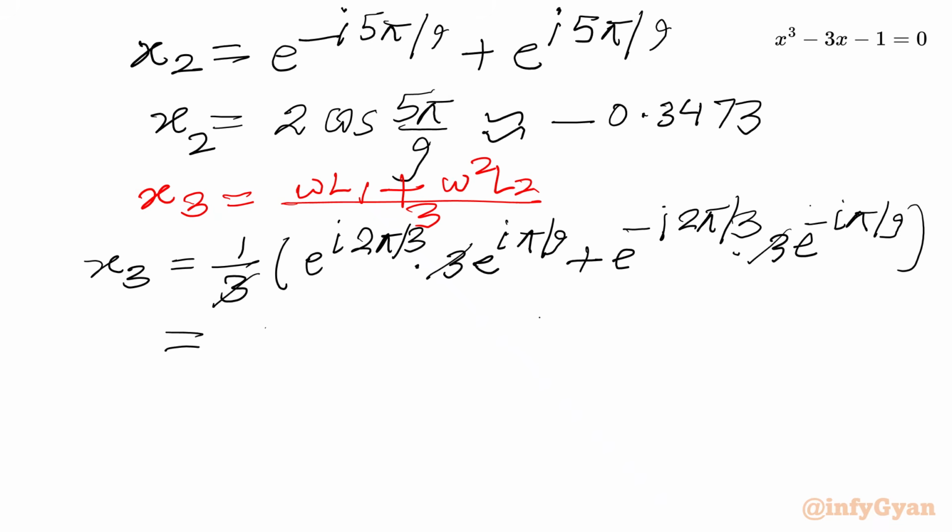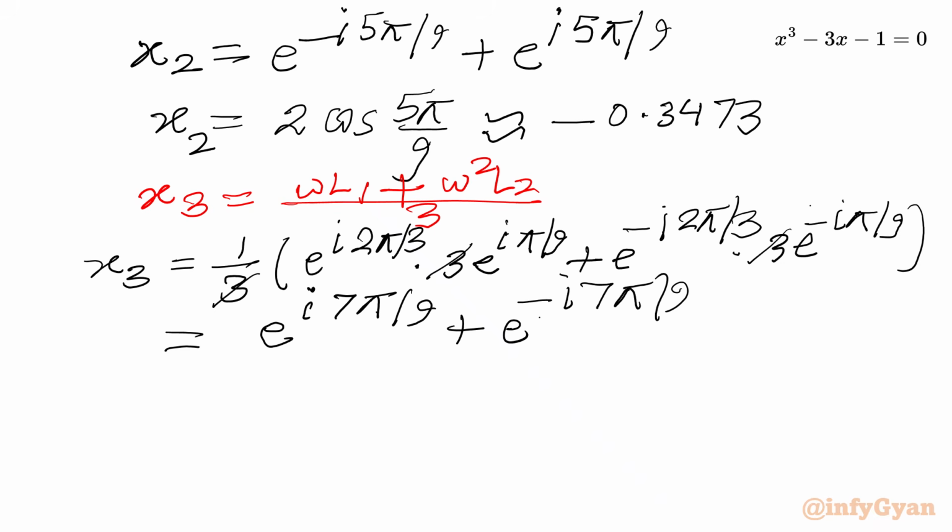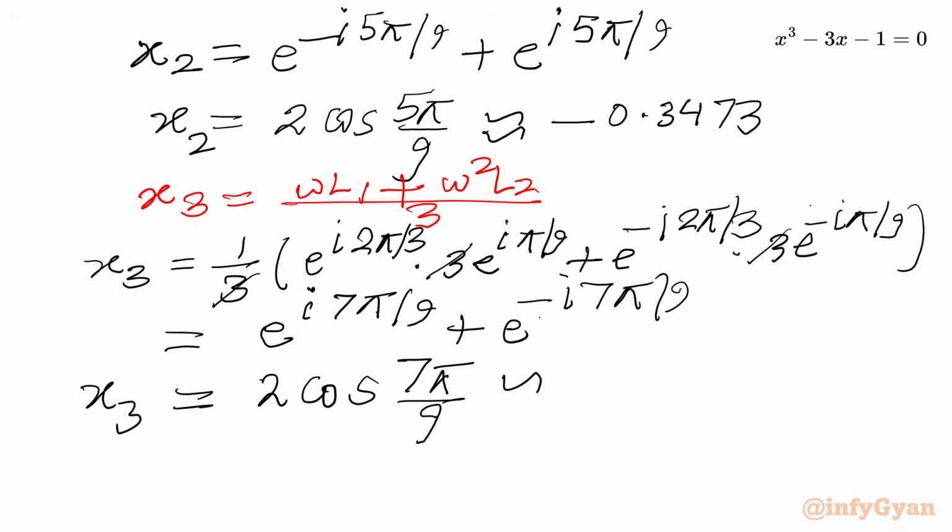This will become e power i 7 pi over 9 plus e power minus i 7 pi over 9, which will give us the third root of the cubic equation, 2 cos 7 pi over 9, and its approximate value would be negative 1.5321.